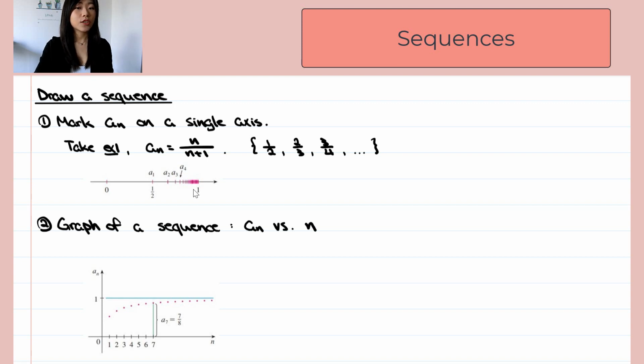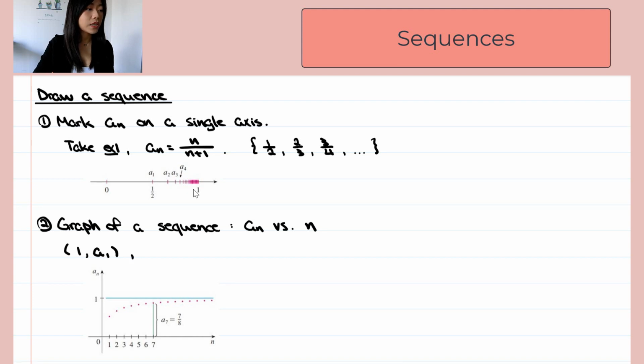The second method to draw a sequence is to draw it on a graph. The x-axis of the graph would be n, and the y-axis would be a_n, the values of the terms. We mark the terms of the sequence as dots, and they have coordinates of n and a_n. The first term has coordinates 1 and a1.